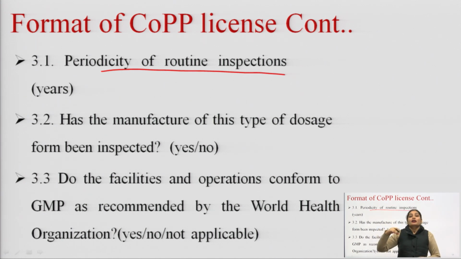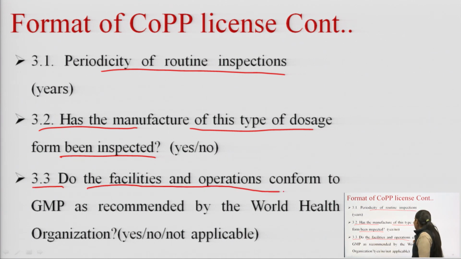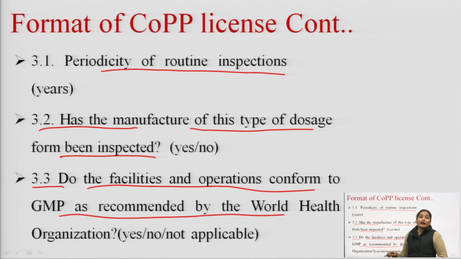Okay, meaning the difference between the two inspections. 3.2 is related to whether the manufacturer of this type of dosage form has been inspected. 3.3 is, do the facilities and operations conform to the GMP as recommended by the WHO.